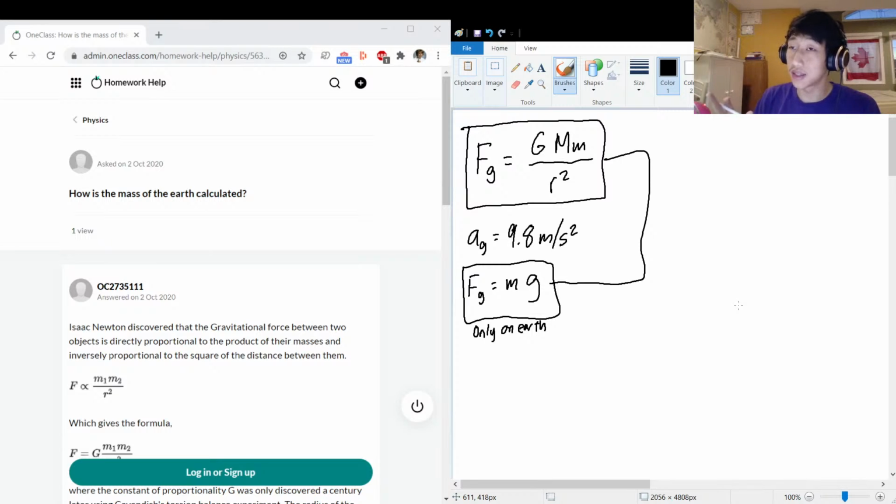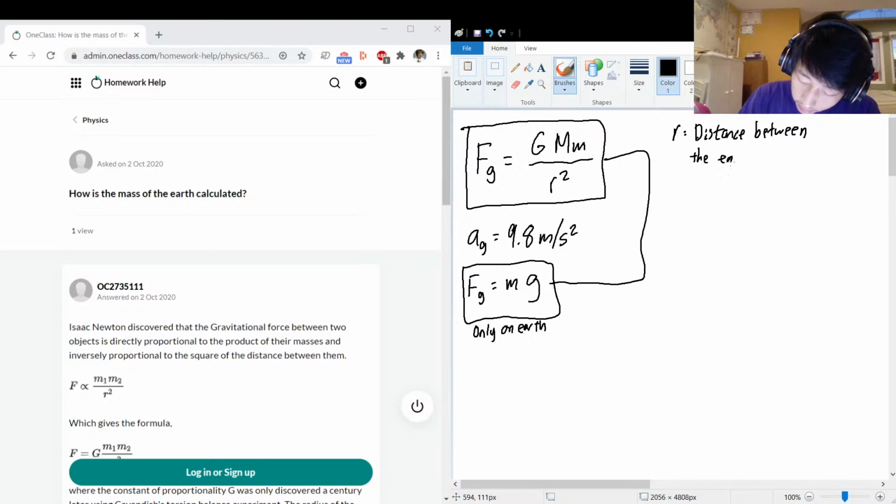The distance between the centers of mass of the two bodies. So that's what the r is.